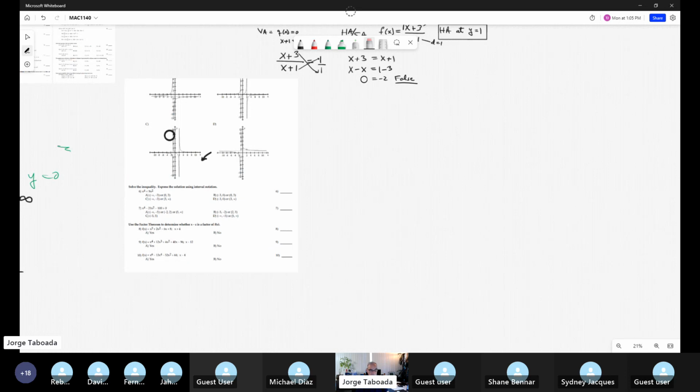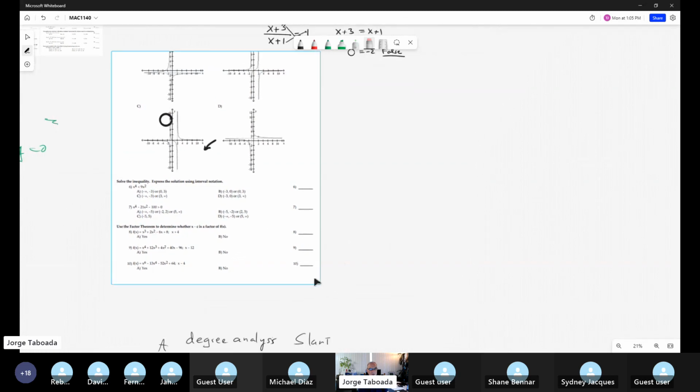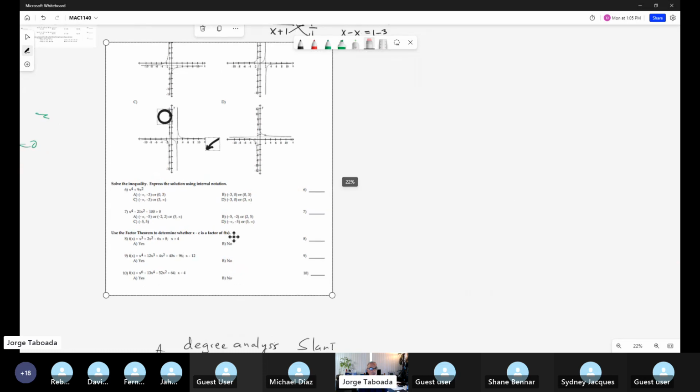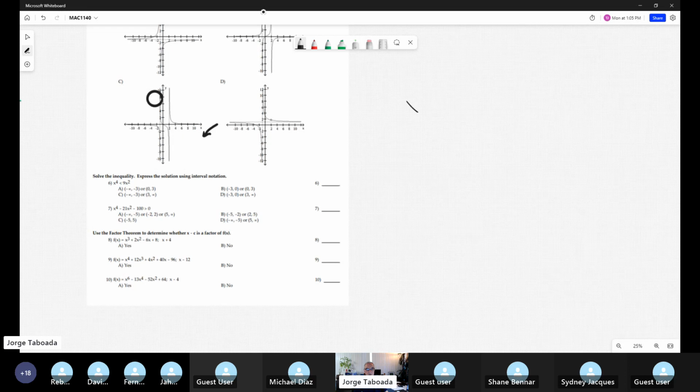Okay, now we change the flavor. Now we are working with inequality, polynomial inequality. Question number 6 says x to the 4th power less than 9x squared. It's a typical polynomial inequality.